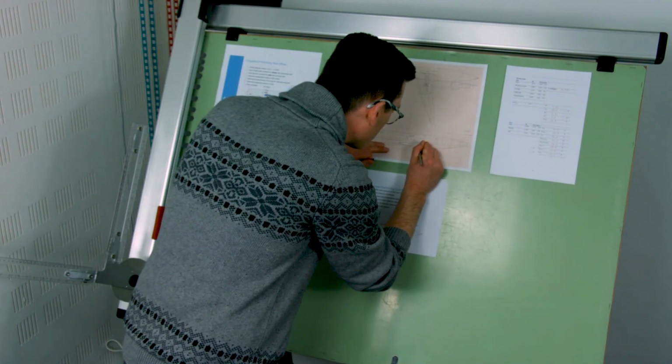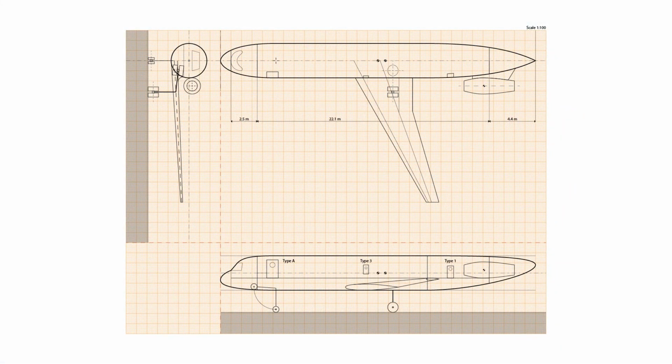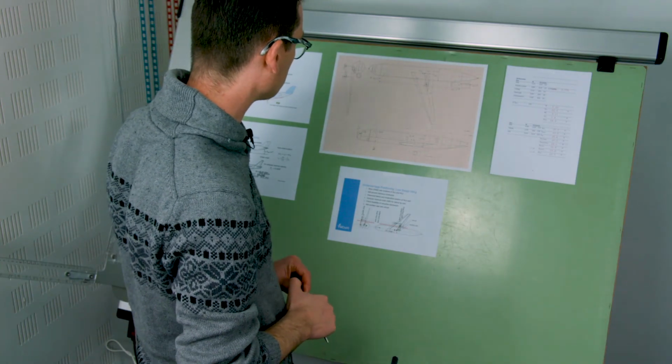So chopping that trailing edge line there and making it go up perfectly straight, so we can actually see the kink also in the side view.